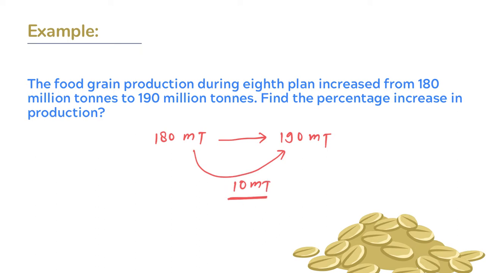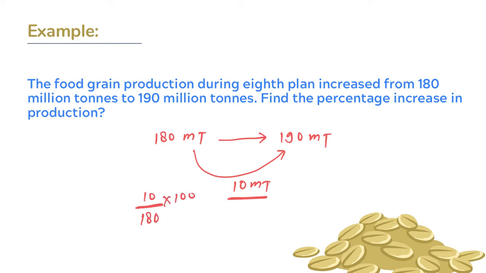So you will write this number in the numerator, and in the denominator you need to write the reference value. This is our reference value. Why? Because last year's production was 180 million tons, and then it became 190. So I will write 180 in the denominator.